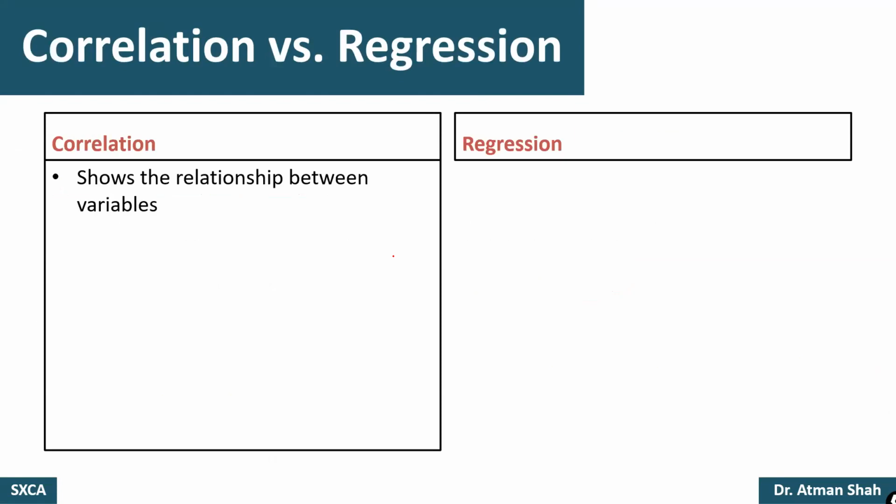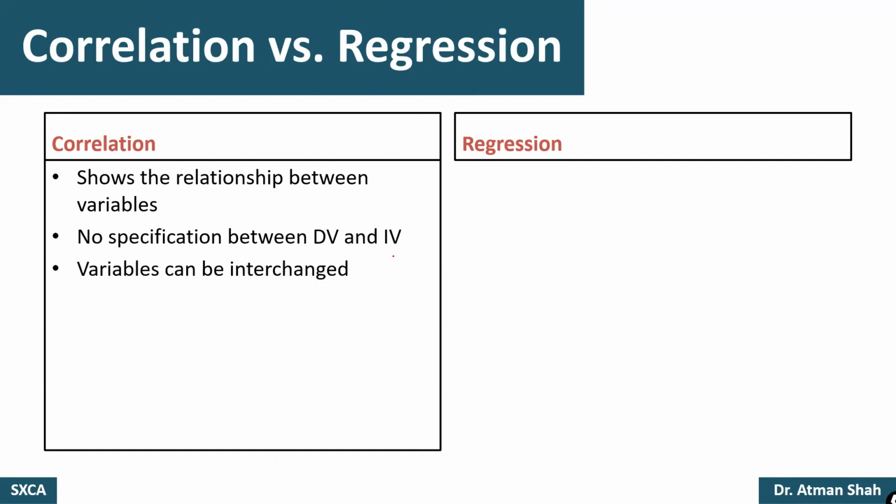Now, what is the difference between correlation and regression? In correlation, we are interested to know the relationship between two variables. There is no specification between dependent variable and independent variable. Variables can be interchanged. The association between x and y remains the same if you change the order.